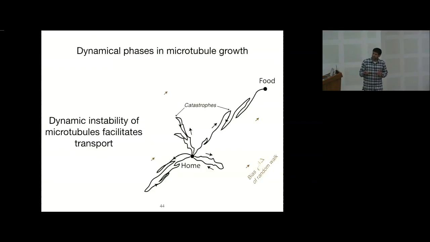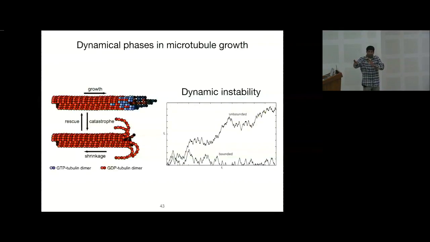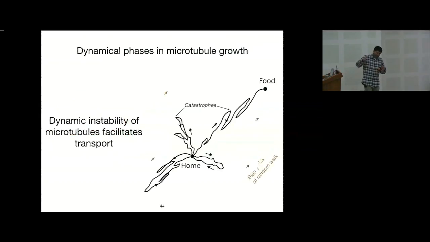Okay, so the reason I went on this excursion with microtubules is just to point out that this system, which has structures that we can possibly use, has these very interesting regimes, and these regimes can allow the system to search very efficiently.